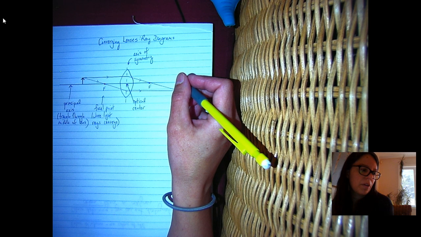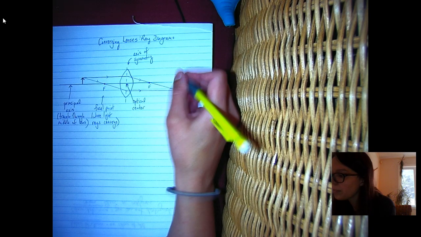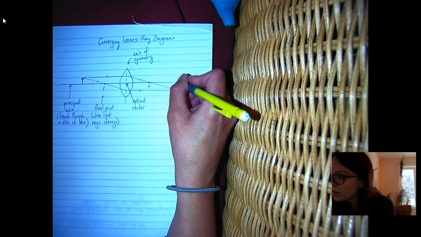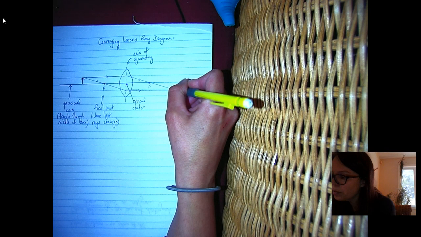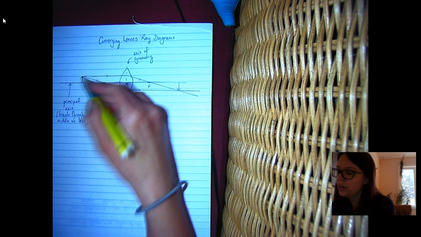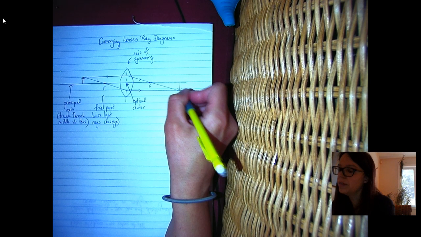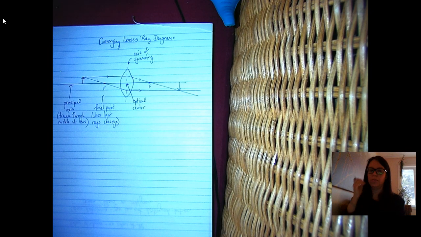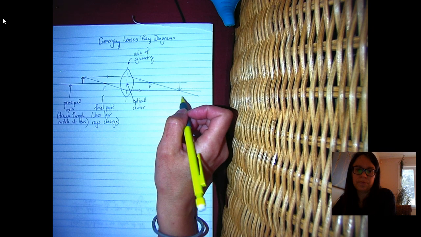Why aren't I happy with, oh, that's why. Okay. I'm gonna go like this. And that, where they crossed, is the same part of the object that I started from. So we have this upside down over here. Okay, so that explains why when the image hits your retina, it is upside down.